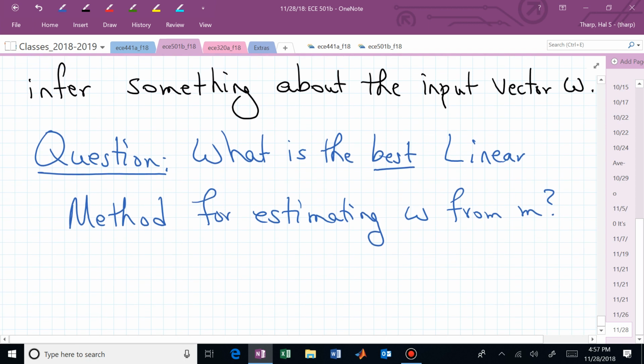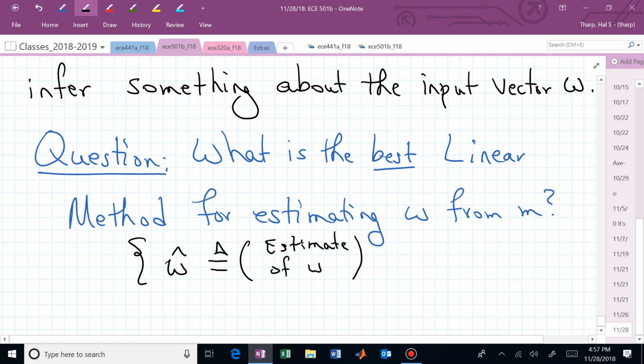And let's just, for notational purposes, say that W hat is our estimate. W hat is what we will define as our estimate of W.